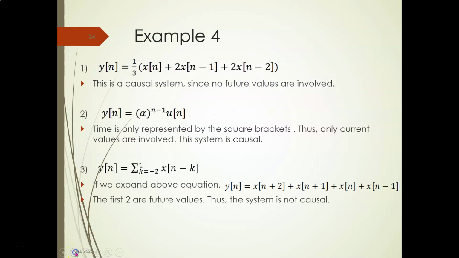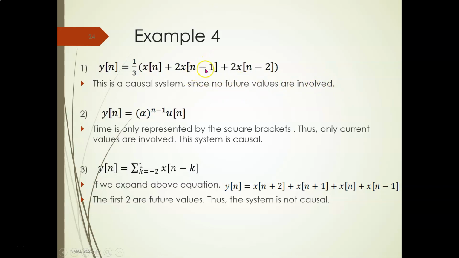Now let us look at some examples. First, y[n] is given as 1 over 3 times x[n] plus 2x[n minus 1] plus 2x[n minus 2]. Looking at this equation, we know that this system is a causal system because no future values are involved. Why can we detect there are no future values?